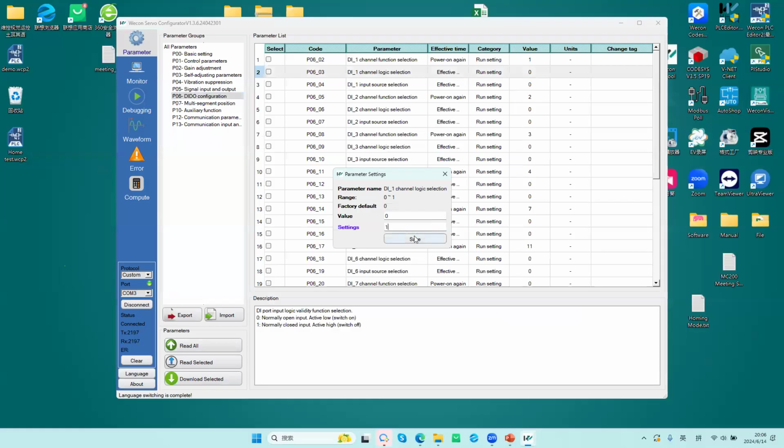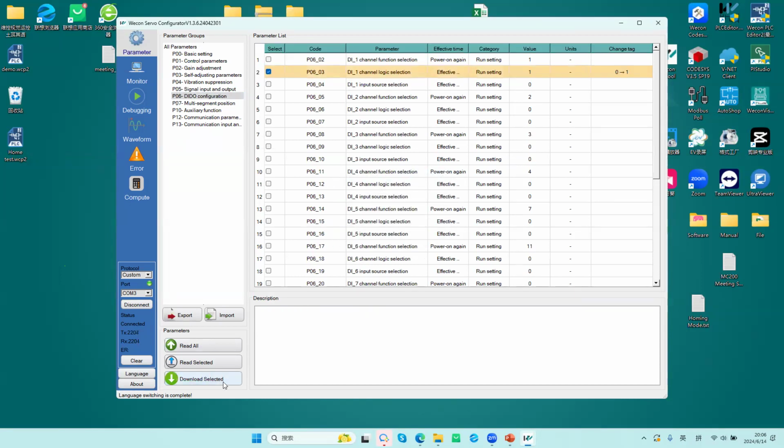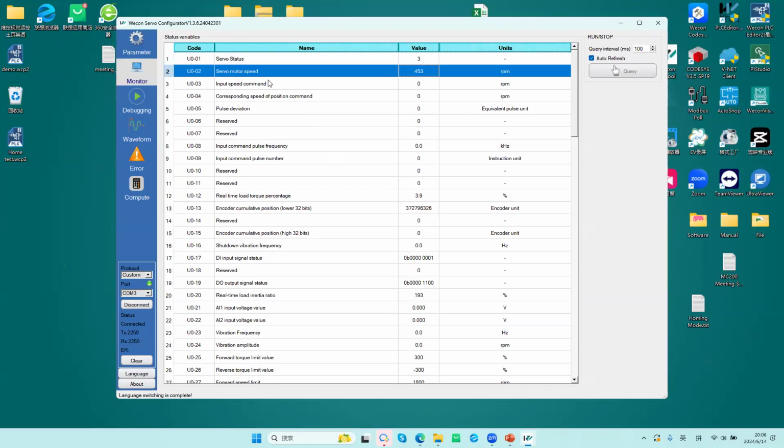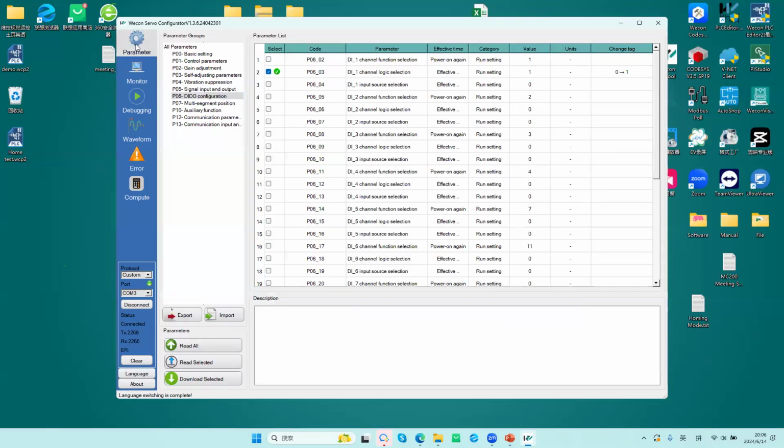We just need to change the logic of the DI1 channel. Now it's changed to run status, and now the motor is running.